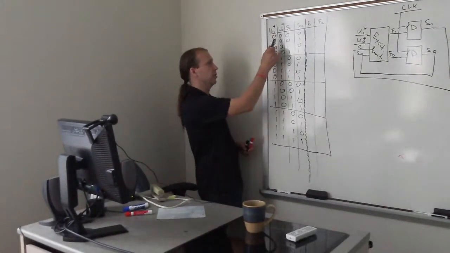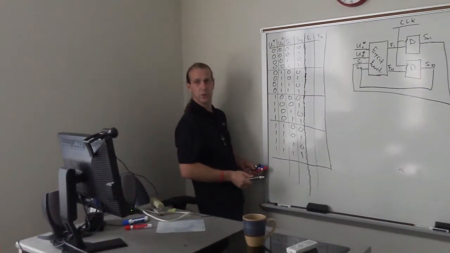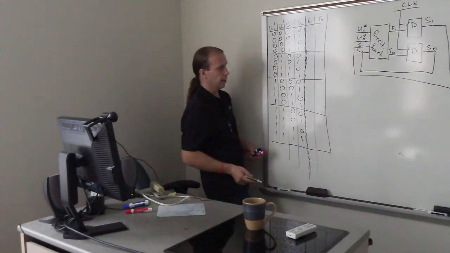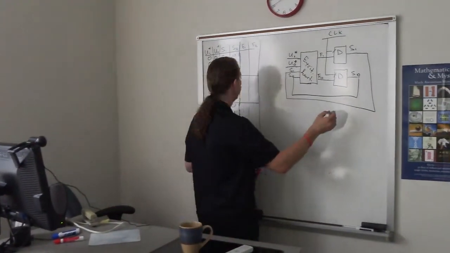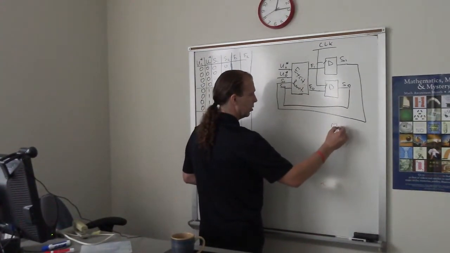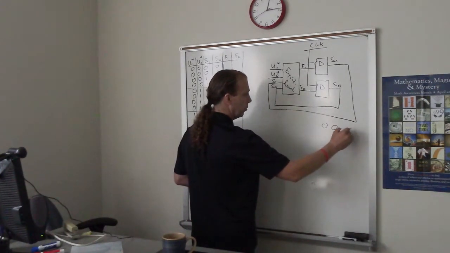What is a combination? A combination corresponds to a command. And help me with these combinations. What was 0, 0? I think it was no operation, right?